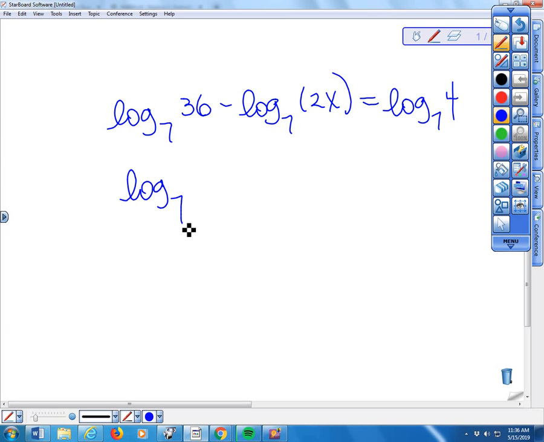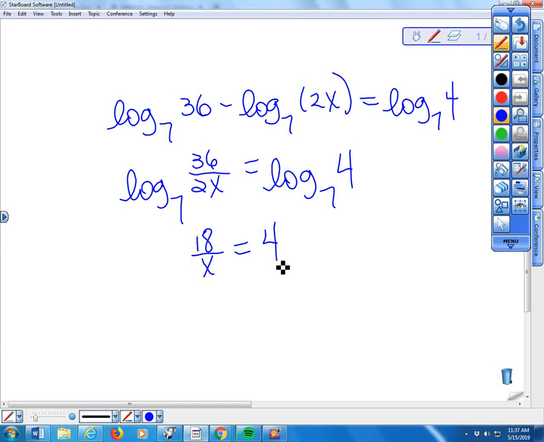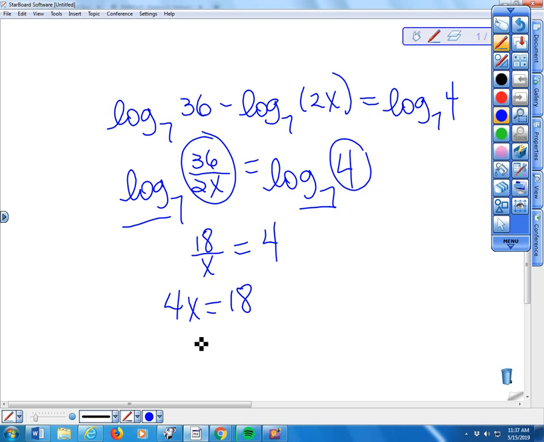So log base 7 of 36 divided by 2x equals log base 7 of 4. 36 over 2x is 18 over x, and that's equal to 4. If these logs are the same, then all I have to do is set this equal. So solve it. 4x equals 18. X equals 9/2, or 18/4 simplified.